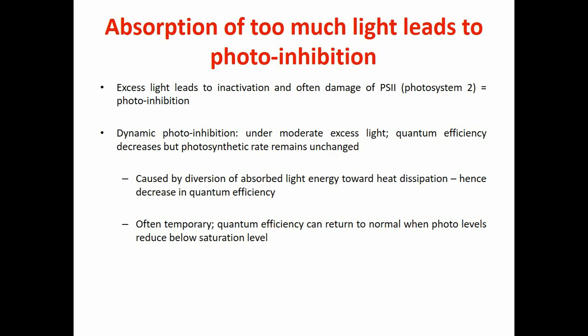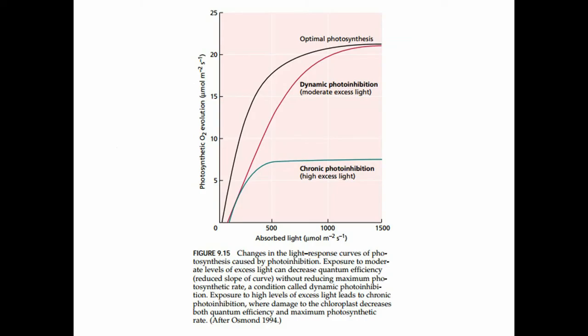It's going to take a bit longer, but it remains unchanged. This can be caused because there's just too much light energy, so they have to focus on getting rid of the heat, open your stomata, transpiration. So it's not as fast, it's going to take longer. It's temporary, and everything can still recover as normal. It got a cold and it's back to normal.